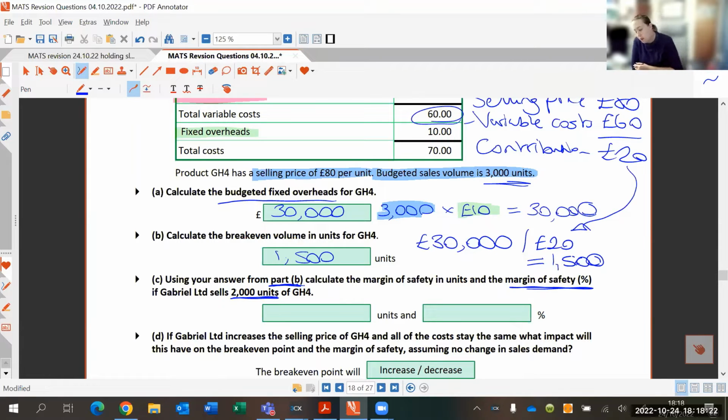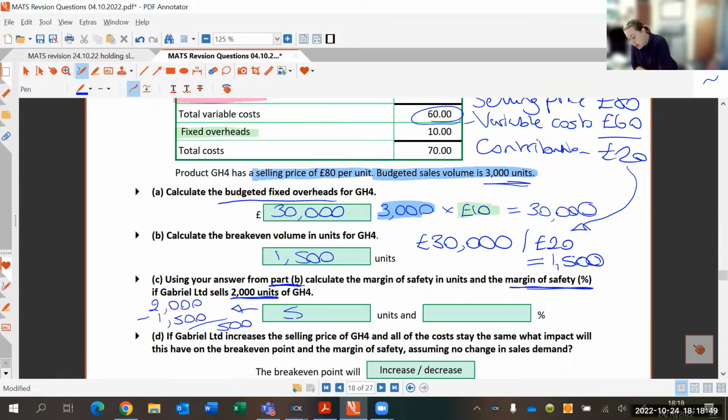So we'll have a look at what our margin of safety is in units first of all. So we knew that our break-even point from part B was 1,500 units. So if we look at the difference between that and what we're planning, that should mean we've got a margin of safety of 500 units.